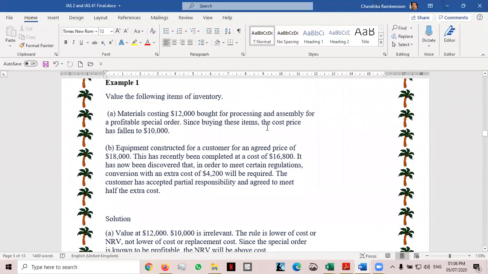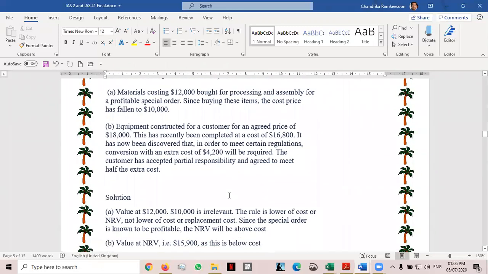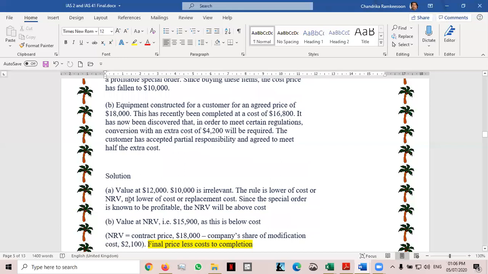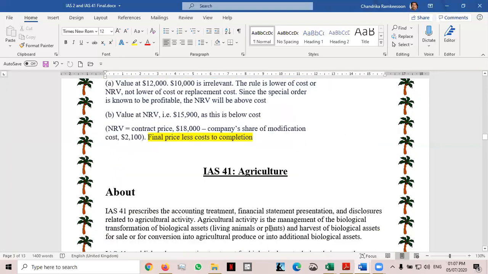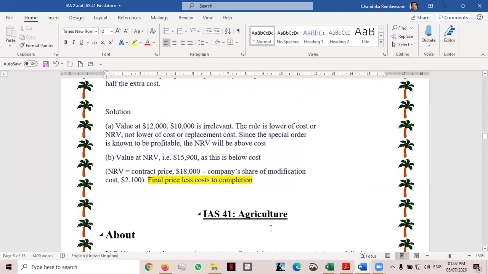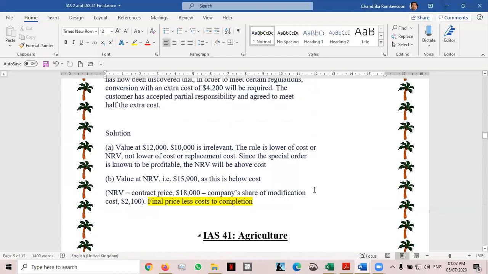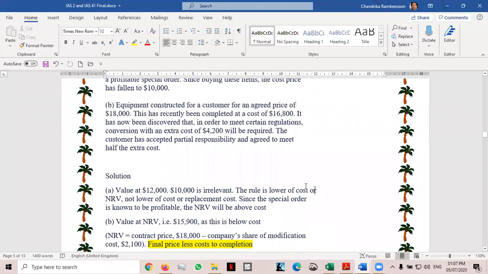The rule is the lower of cost or NRV, not the lower of cost or replacement cost.